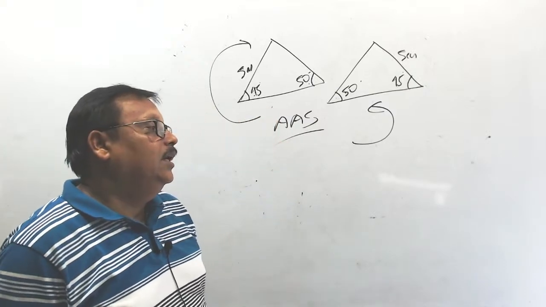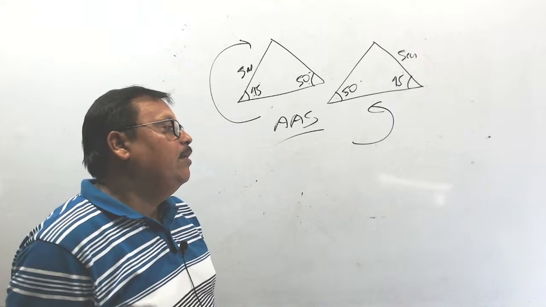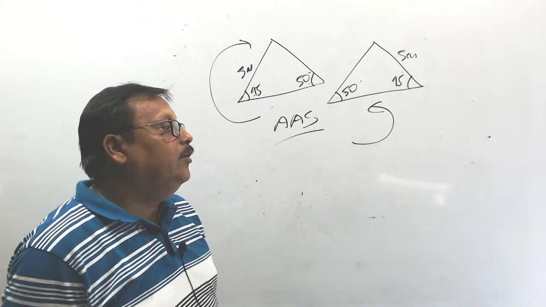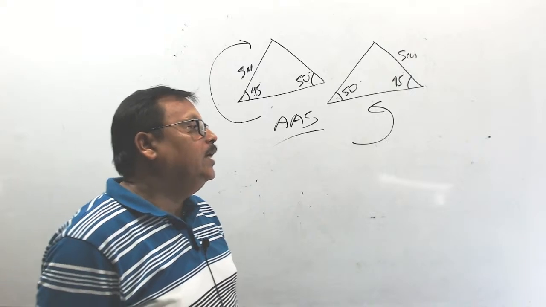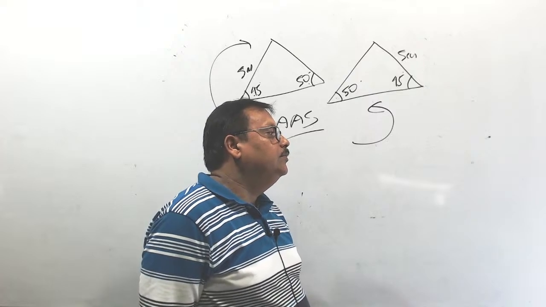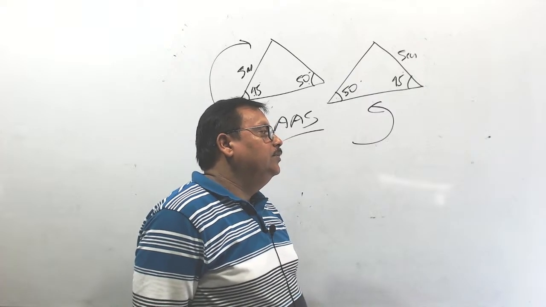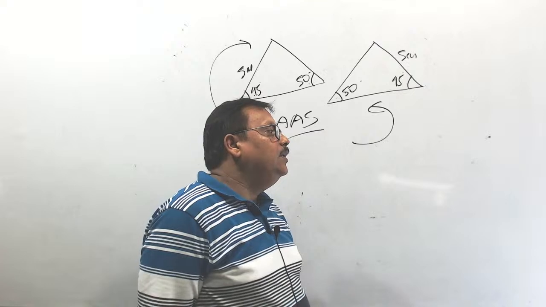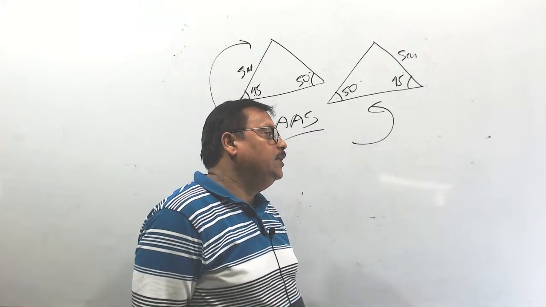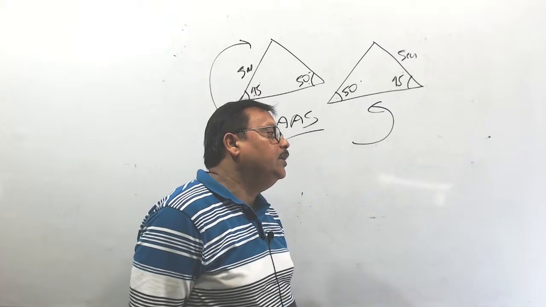See, if you overlap the angle B upon Q, then 60 is not overlapping upon R, and the side BC is also not overlapping on RP.